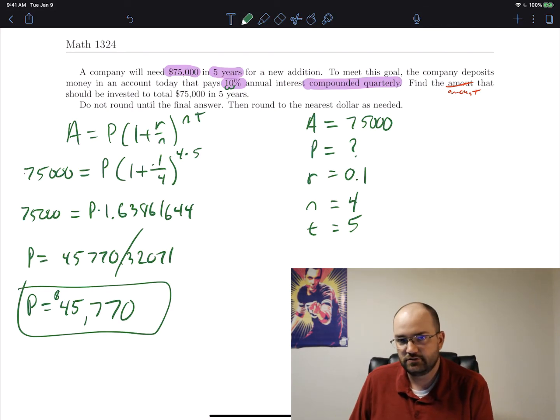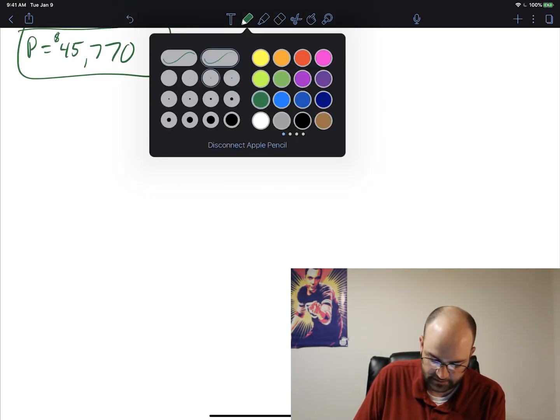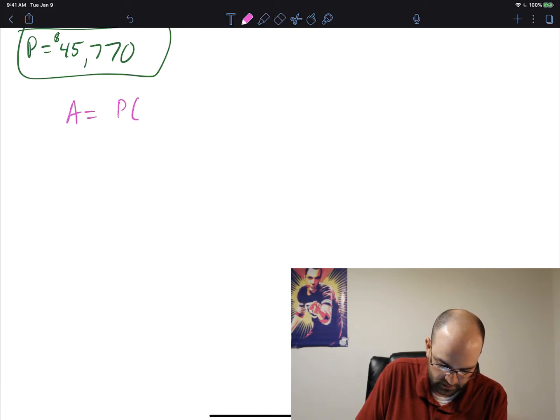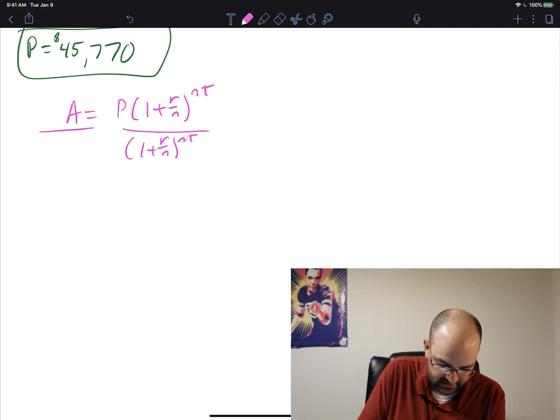By the way, there is actually a formula for present value using compound interest. If I have this formula, what I need to do is divide by 1 plus r over n to the n times t on both sides.